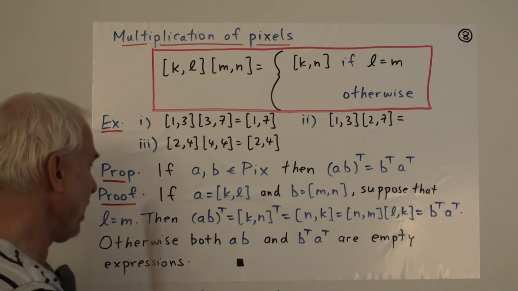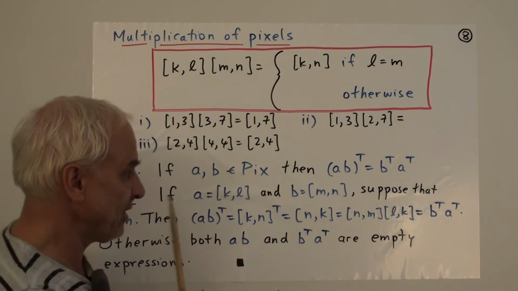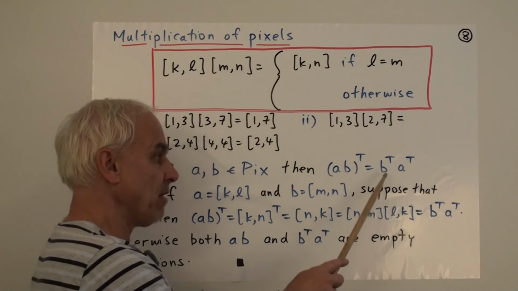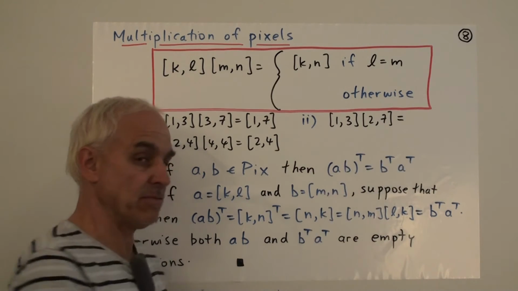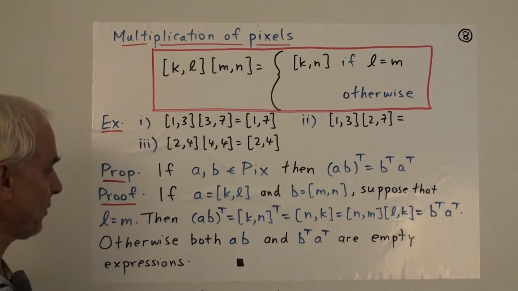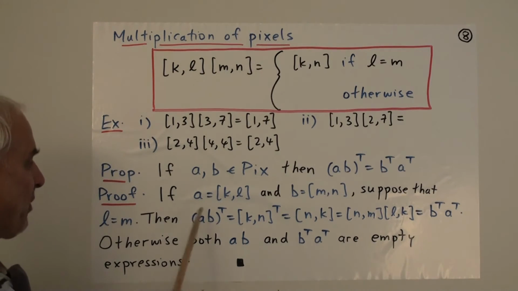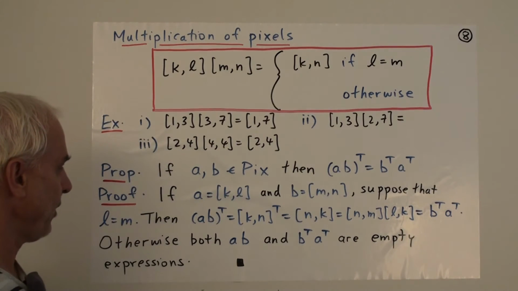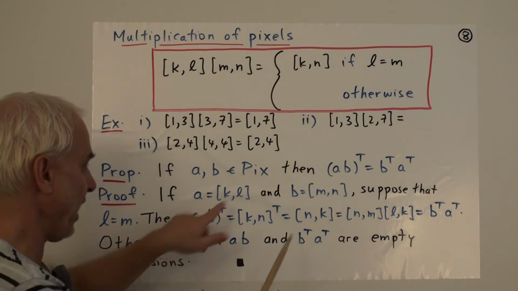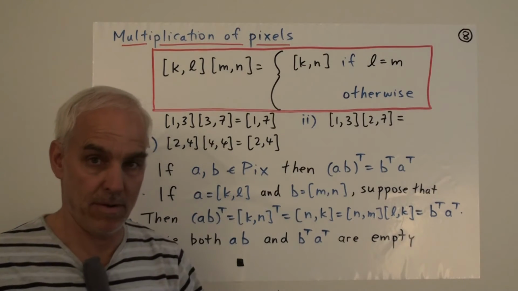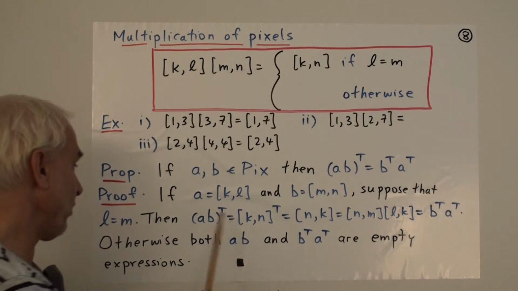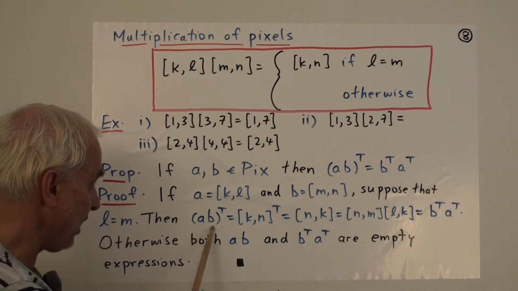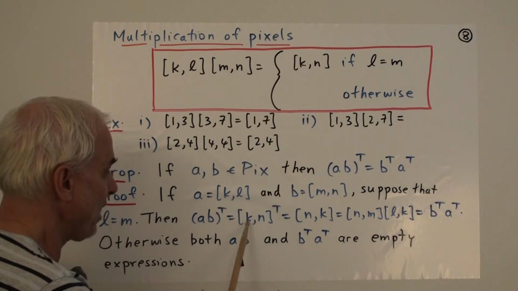Okay, so here's a proposition that if A and B are pixels, then if we take AB and take the transpose, then we get B transpose times A transpose. So let's have a proof. So suppose that A is KL, like this, and B is MN, like this. Okay, and let's suppose, first of all, that L equals M. Well, in that case, when we multiply AB and take the transpose, the product AB is, just as it is here, KN.